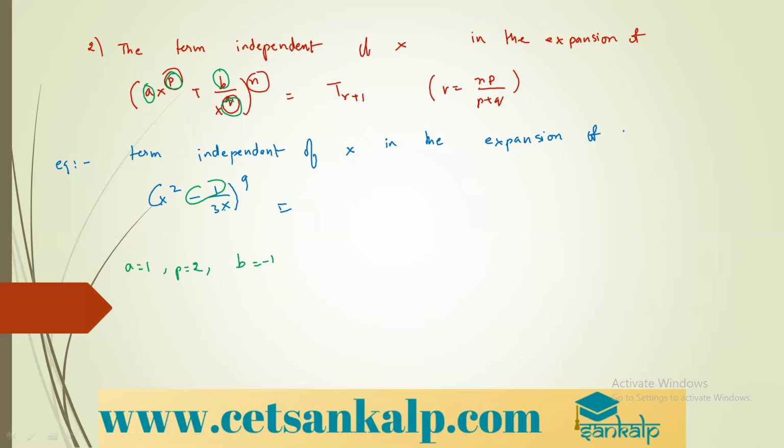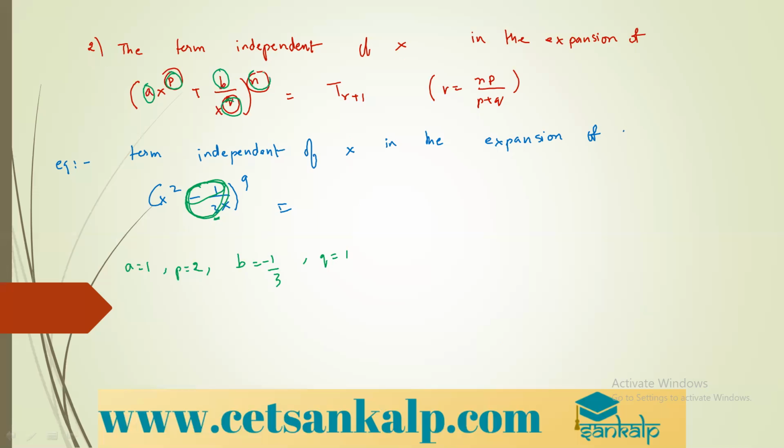the power q is 1. But what is this 3? So b you have to take total as minus 1 by 3. You can't just take the numerator. b will be total minus 1 by 3.